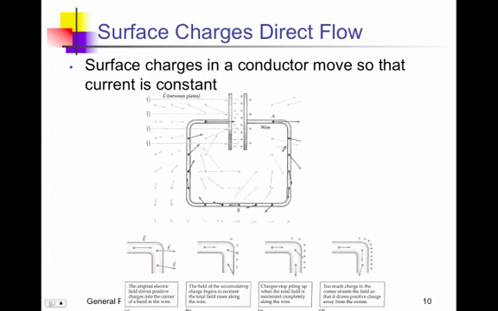So the surface charges in a conductor are what cause an instantaneous electric field to be set up in this wire. The electric field is pushing electrons through the wire, and so I have this buildup of electrons on the corners of the wire, and that buildup pushes the positive charge because the electrons are moving through.